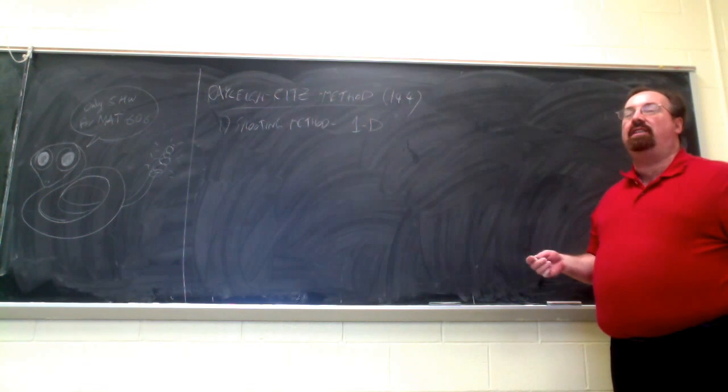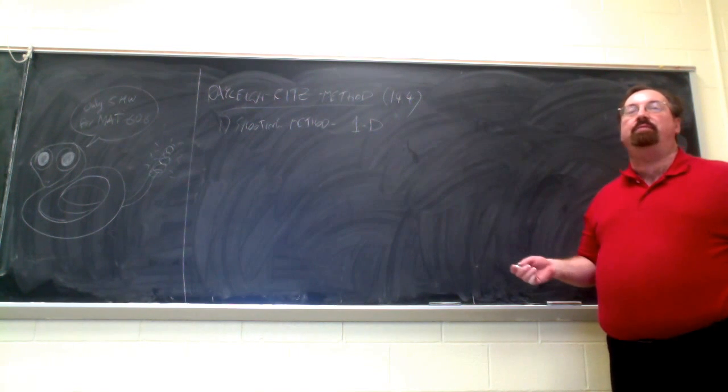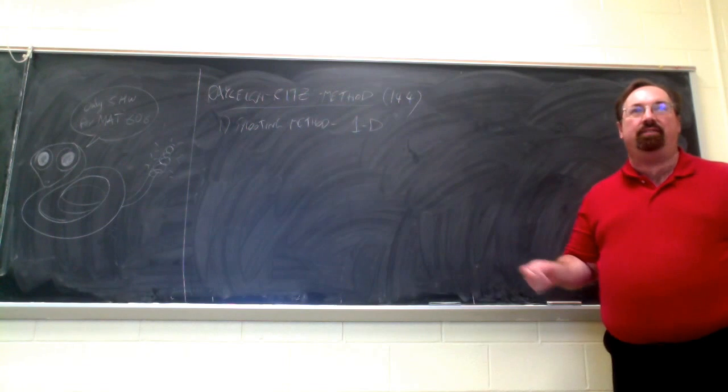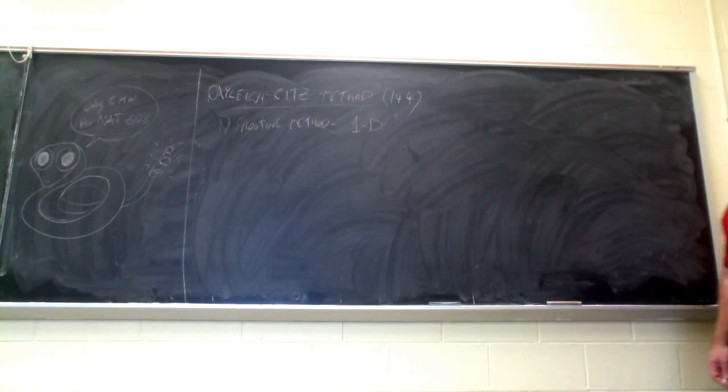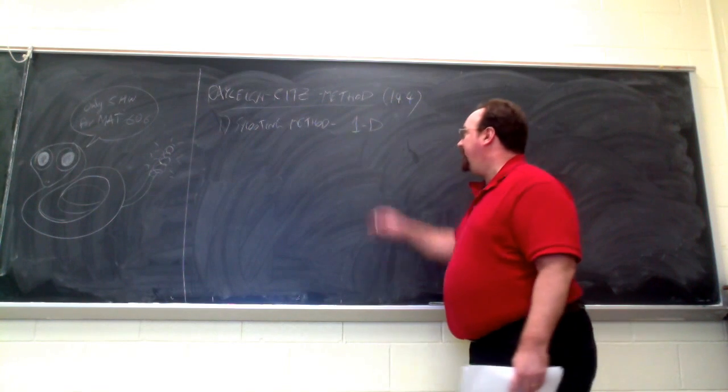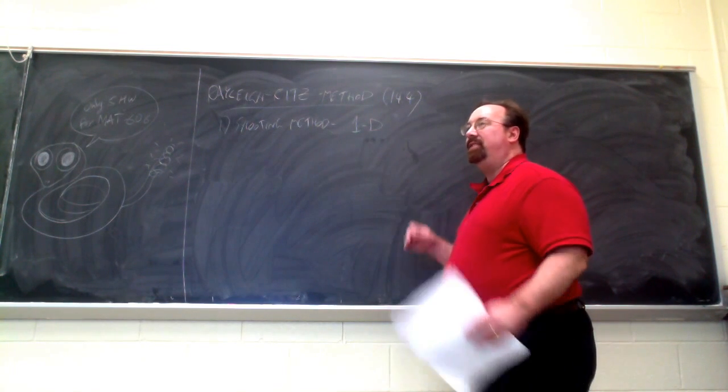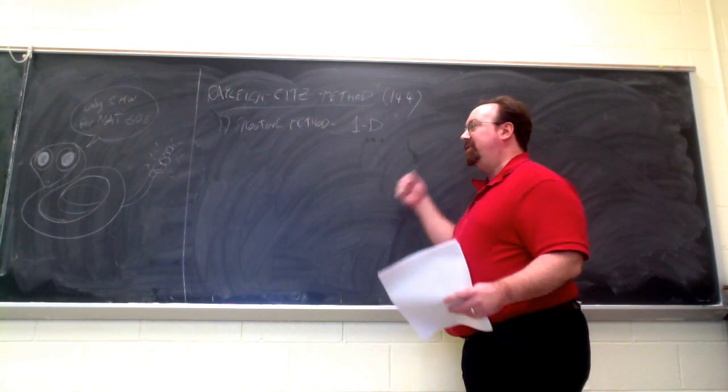There's no analog for it in higher dimensions, because boundary value problems, as you're learning in 606, those of you who are in that class, are important in any number of dimensions. You could have a domain of any shape and solve a PDE in it and impose boundary conditions. But this is hardwired to this one-dimensional case of getting from alpha to beta.